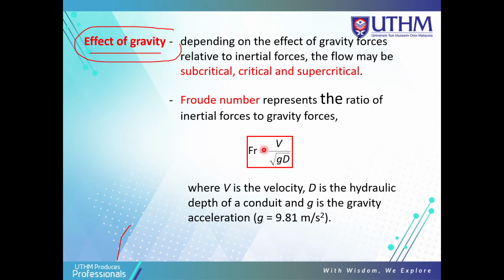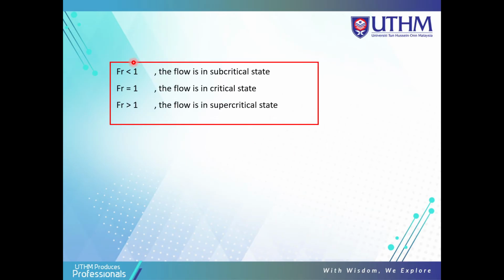Froude number is equal to V, the velocity, divided by the square root of G times D. V is velocity, D is the hydraulic depth of a conduit, and G is the gravity acceleration, using the value of 9.81 meters per second squared.